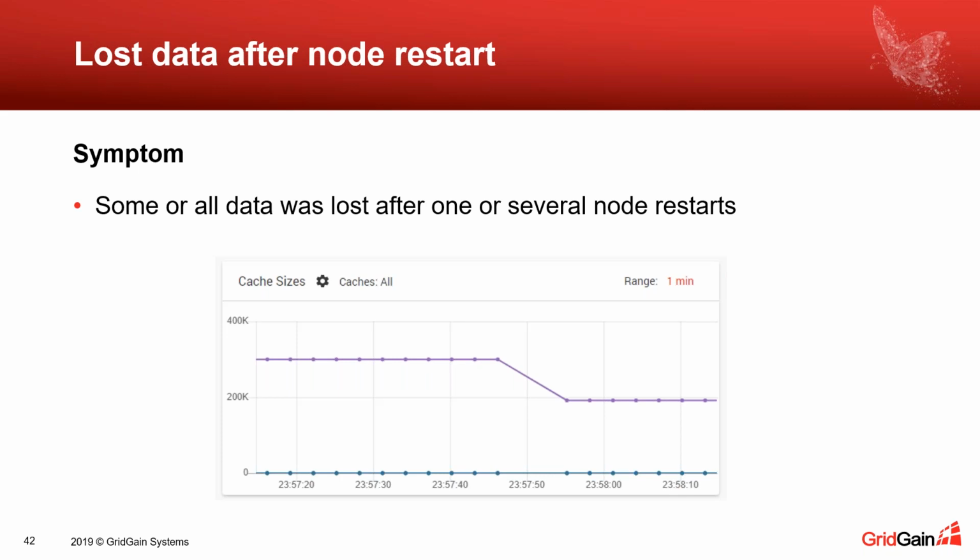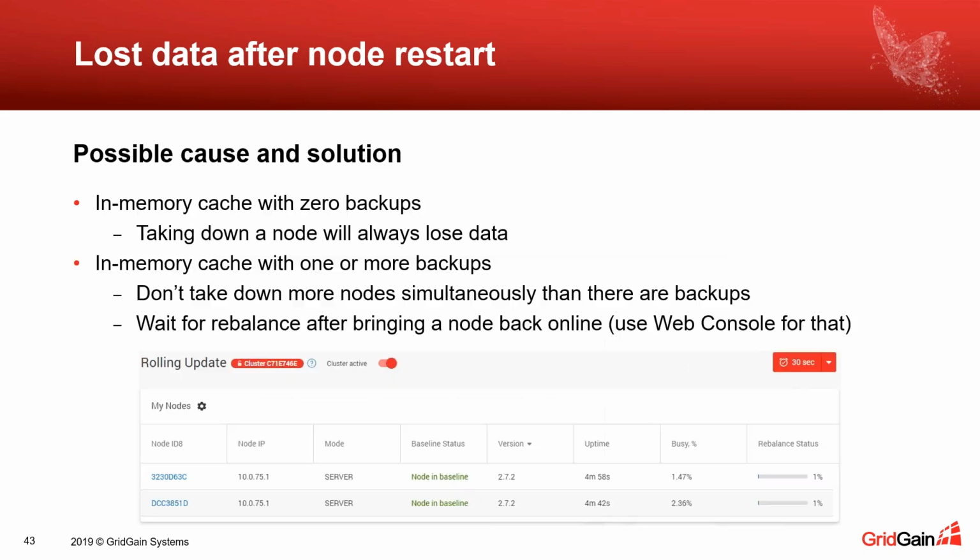Say you have just restarted a node and you check the web console metrics for cache sizes, and you see that the total size of the caches has actually dropped after the node restart. So why is that? First, you have to remember that this is all related to in-memory caches only, not persistence ones.